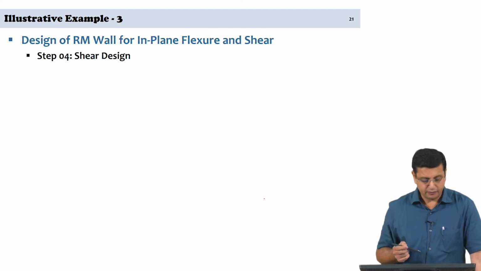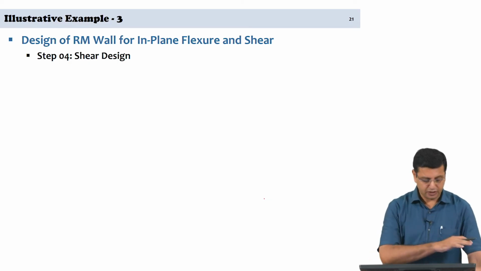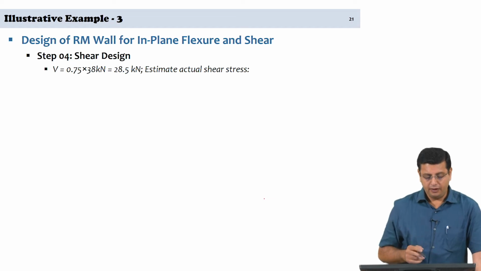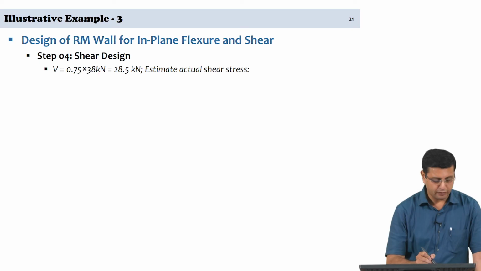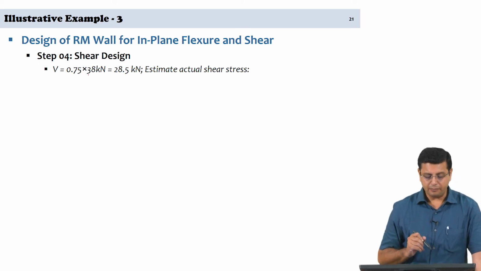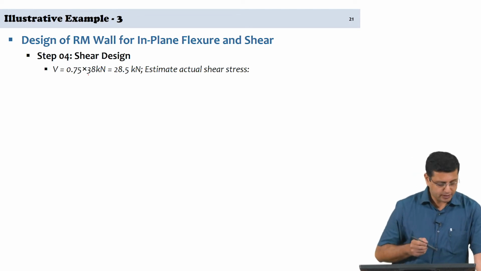Okay. Now, as far as the shear design is concerned, how do we go about it? The flexural design was taken care of in the previous slides. The shear force that we are talking of is the lateral force of 38 kilonewton, reduced to 75%, and therefore we are looking at 28.5 kilonewton as the shear force. Let us first estimate the actual shear stress that the wall is subjected to.